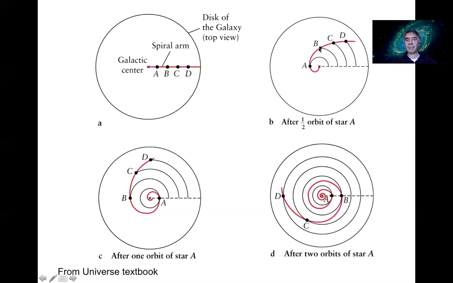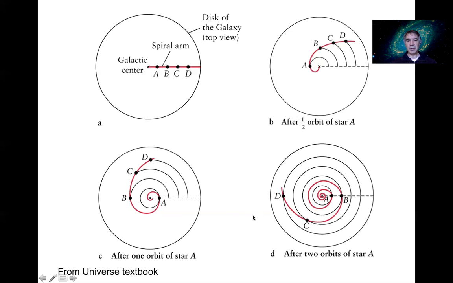Okay. Let's keep going. Here's after A has been around once. A has half the period of B, so B has only gone half. And D, which is 4 times as far away as A, has only gone a quarter of its orbit. So you can start to see it's got a nice kind of spiral pattern now.